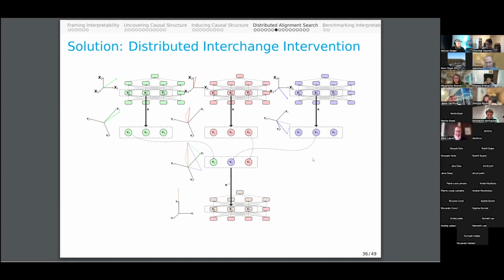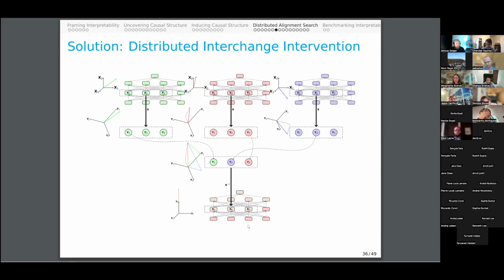Then we apply the inverse rotation to get back to the original coordinate system, and we plug this new vector into the network and run it the rest of the way. So this is a multi-source interchange intervention where we are taking the green and blue runs to generate the intervention values, and we're targeting these variables that aren't in our original coordinate system, but instead in some rotated coordinate system. And then we run the network the rest of the way forward.